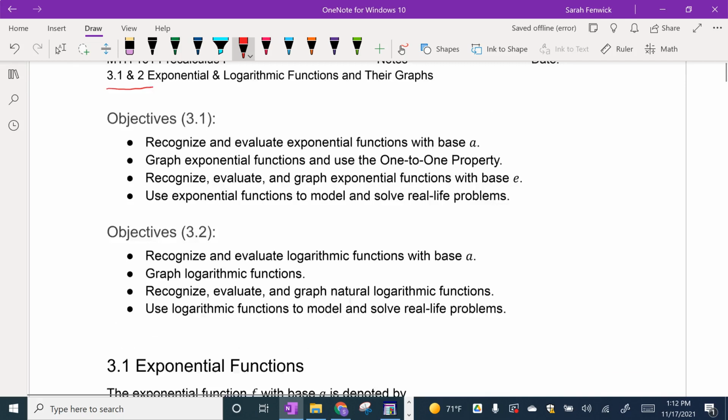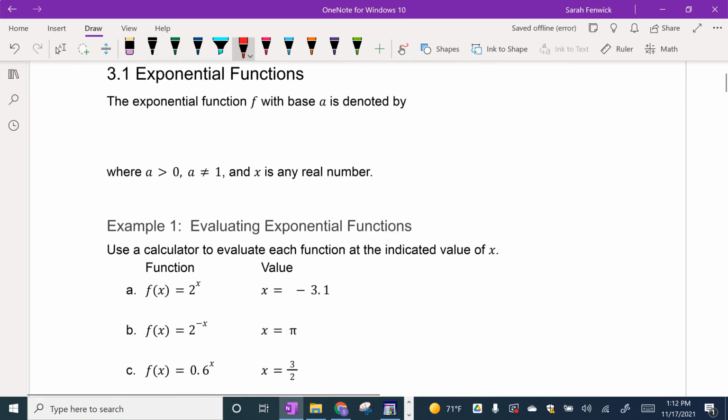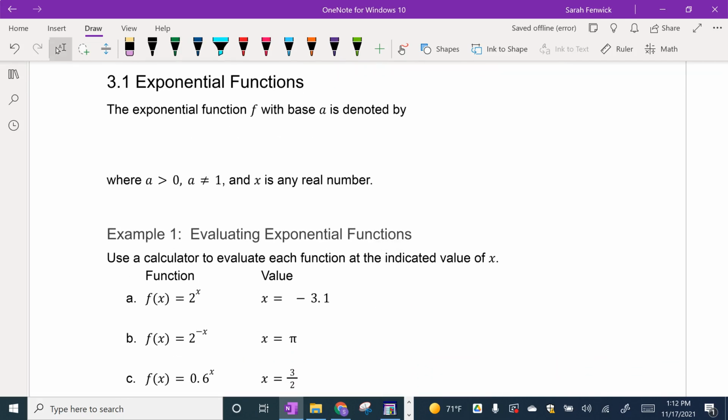So your objectives are listed, but let's go down here where it says 3.1 exponential functions. I did try in these notes to kind of mark where I flip-flop back and forth from section to section. So an exponential function. We're used to exponents being the number and the base being the variable if we're going to use something like that.